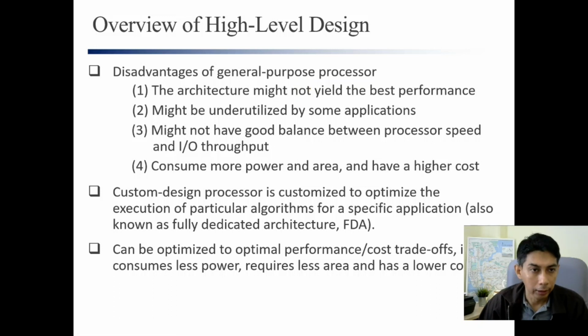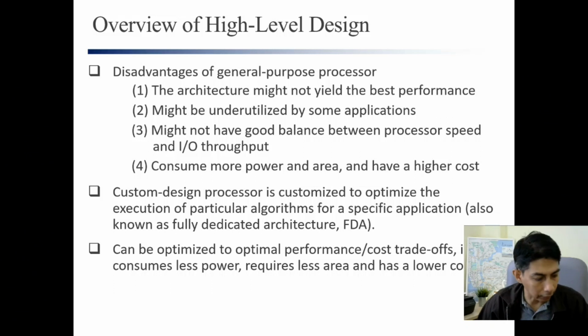I mean, it can do many processing tasks, depending on the program that we write to program that processor. So for example, the microcontroller is a general purpose processor. The microprocessor that we use today is a general purpose processor as well.